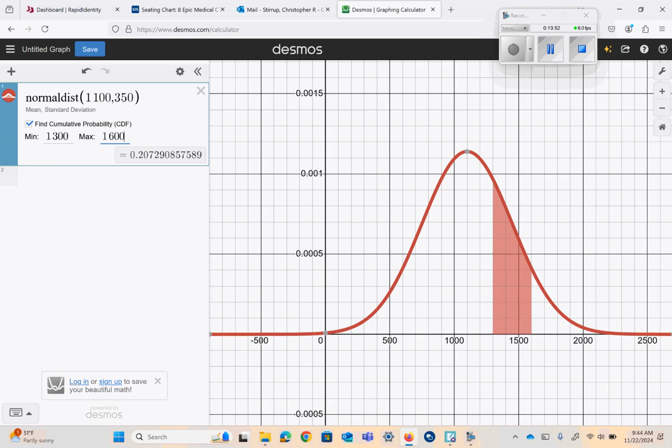So I have to subtract that from 100%. Basically, I'm looking at the area to the right of 1,600 and the area to the left of 1,300. And so 100 minus 20.7, 79.3%. Is that right? Yeah. So 79.3, no lunch coupons.